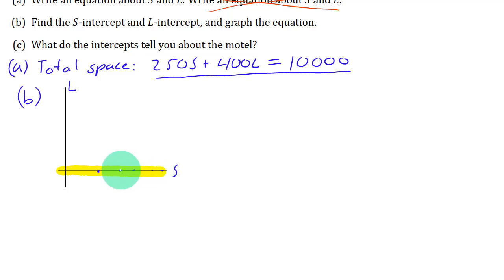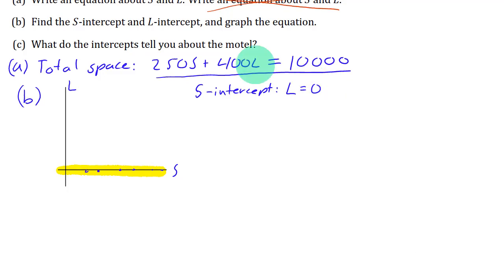Whatever that value of S is, it's going to make the value of L there equal to 0, because being on the S-axis means you don't go up or down at all. So that's where L is equal to 0. So we want to plug in L equals 0 in this equation and see what S makes that true.